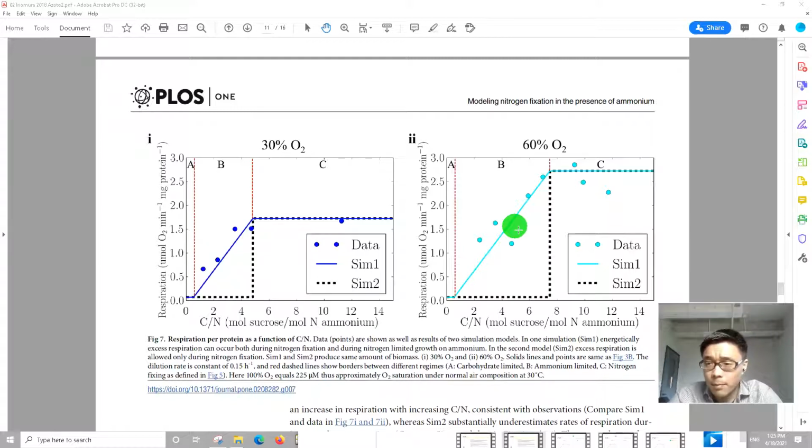The second hypothesis is that they do it intentionally to protect nitrogenase even when nitrogen fixation is not happening. Nitrogenase must be kept in a low oxygen environment, and respiratory protection certainly helps preserve it.